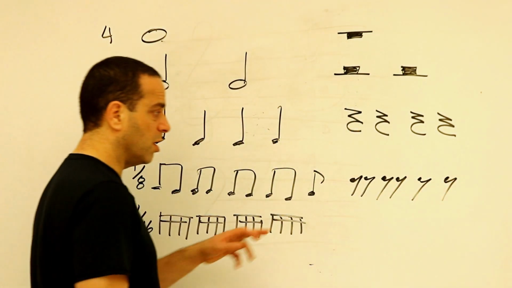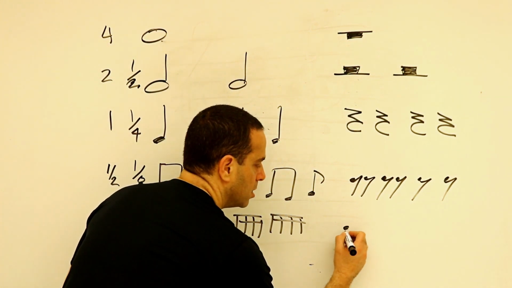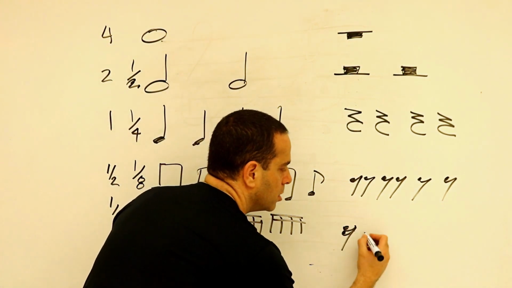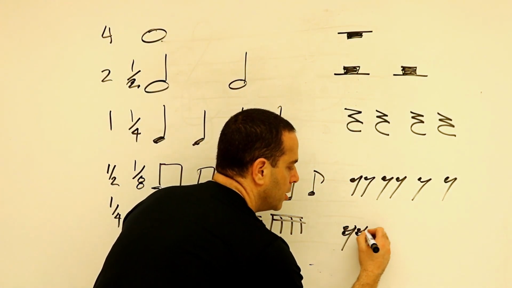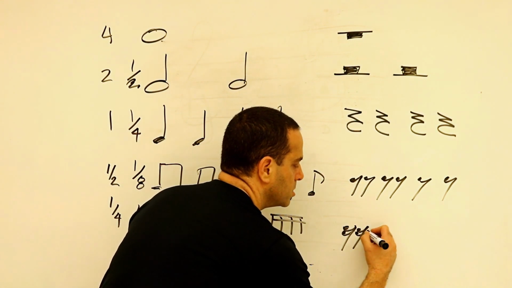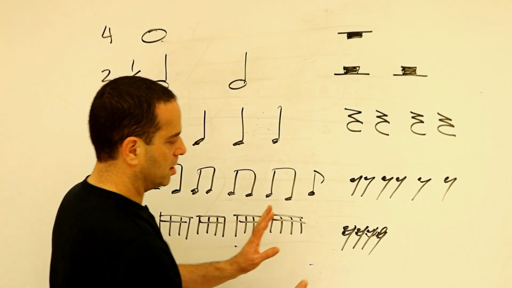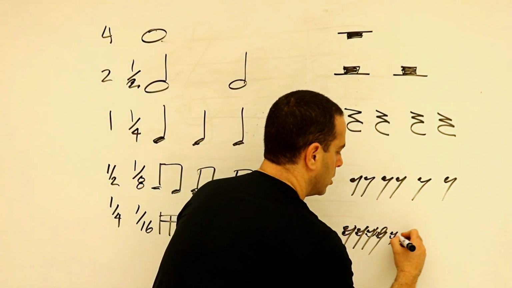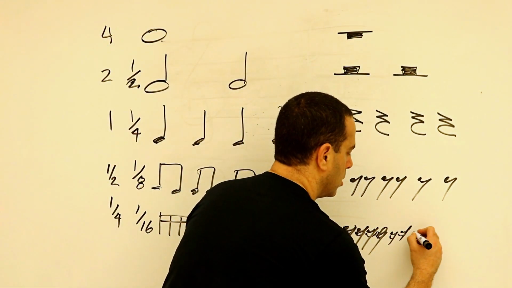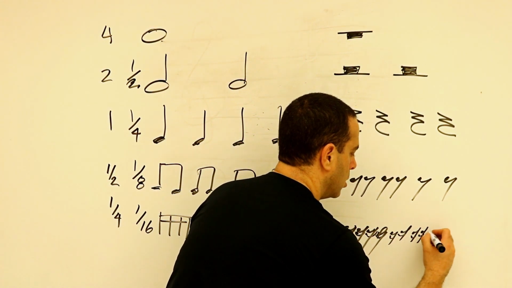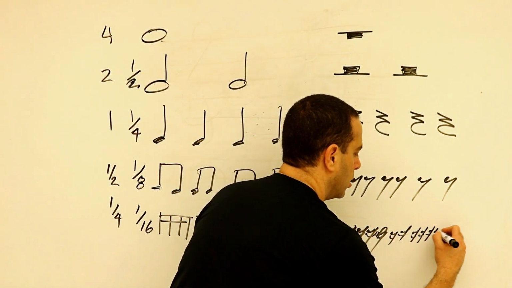To speed it up, we also add another flag, in this case, an extra dot. And that gives us a 16th rest. And these get really squishy. And I should have written it bigger.